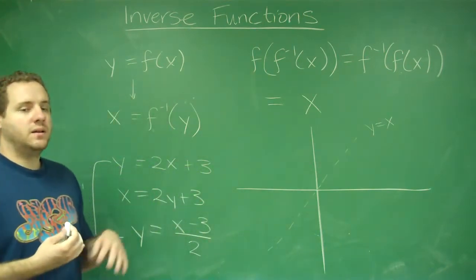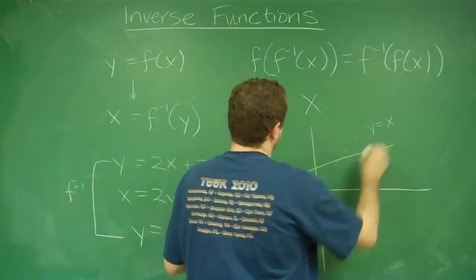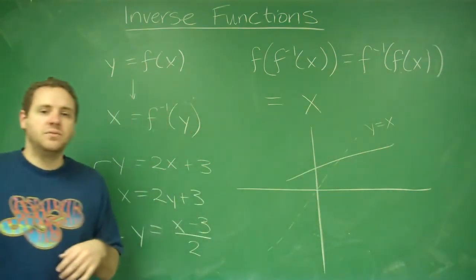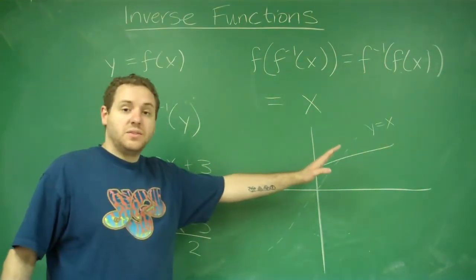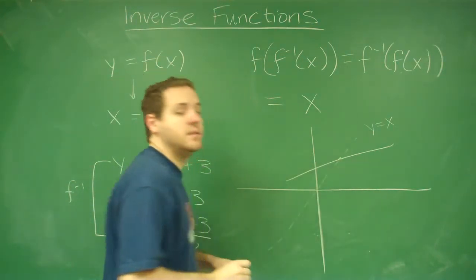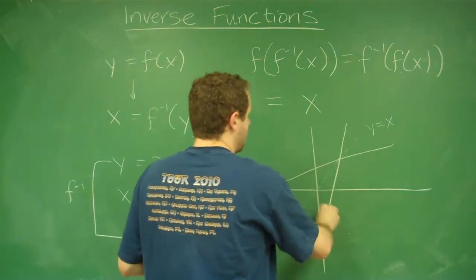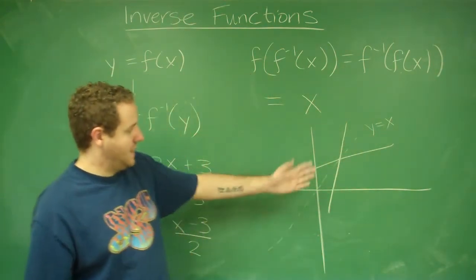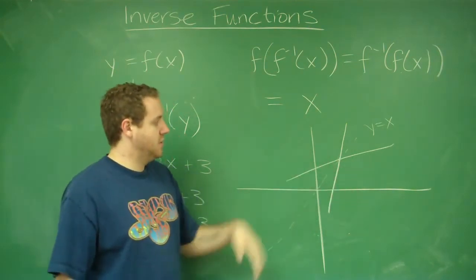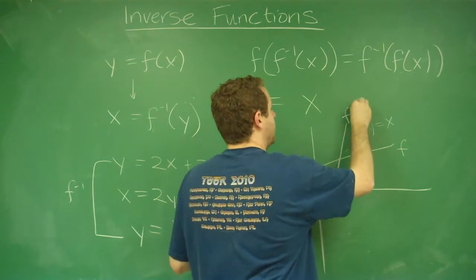So if you have any function, let's just say we have another line, and it looks like that, its inverse will be its reflection along this dotted line. So wherever it crosses the dotted line, it'll still be there, and then it needs to be the exact mirror image, which in this case would probably look something like that. If you tilt your head, you can see that's a mirror image there. So if this is f, this is f inverse.